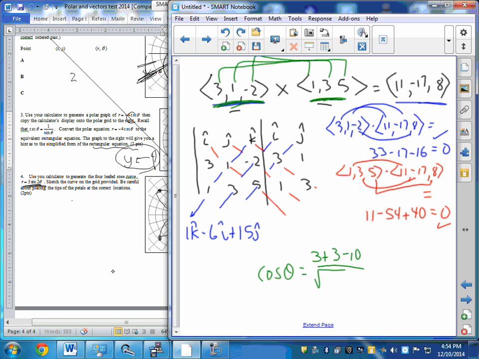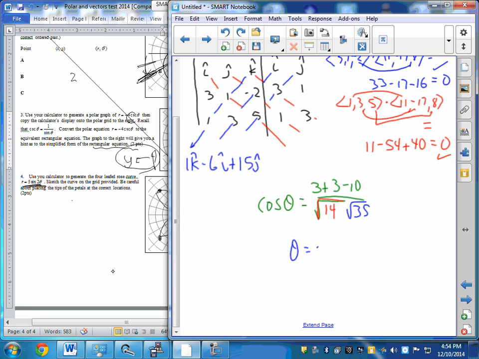We've got 9, 1, and 4. So 9, 1, and 4 is the square root of 14. And the magnitude of the other guy, we've got 1, 9, and 25, so that's square root of 35. And so theta is the cosine inverse of whatever number this is.